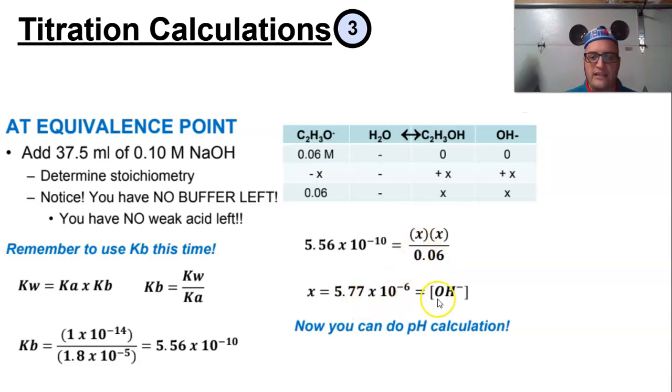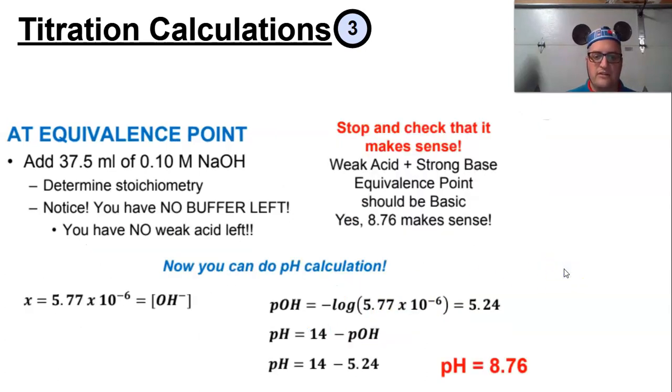We now can get the hydroxide concentration, and from the hydroxide concentration, do the pH calculation. Remember, this is hydroxide. This is one way to go about it, to determine the pOH and then to determine the pH. So again, think about, does this make sense? You've got a weak acid, strong base, equivalence point should be basic. So yeah, it does. It makes quite a bit of sense.